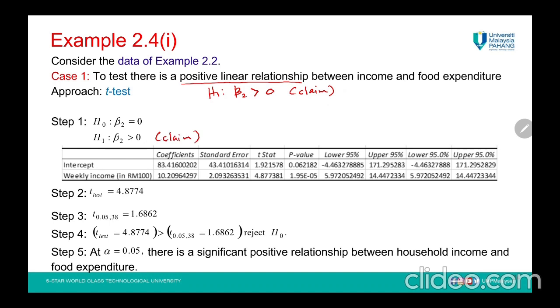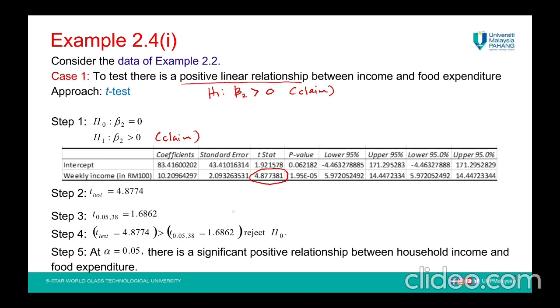So that completes step 1. Now we go to step 2. Step 2 is to get the statistical test value. The value of the t-test here is obtained from the output of Microsoft Excel, which is the t-stat value for the weekly income, which can be obtained from the coefficient table of simple linear regression from Microsoft Excel.